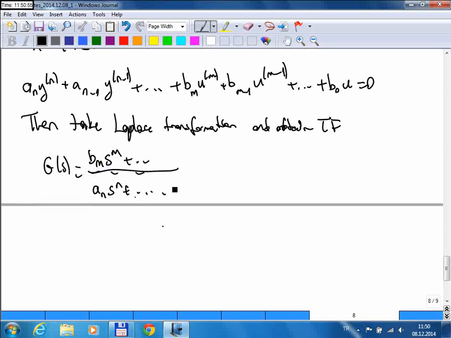That means we can find the response to various inputs or the response to initial conditions easily. So that's why we use Laplace transformation.